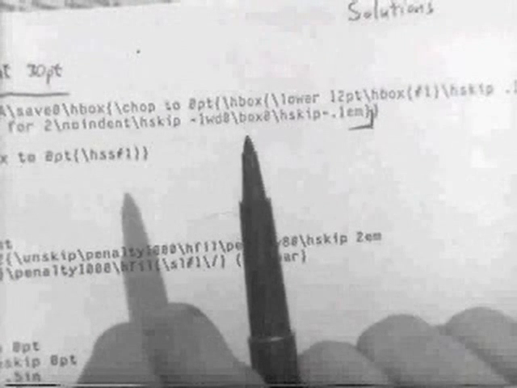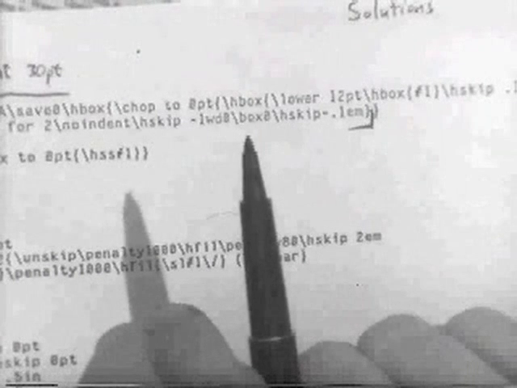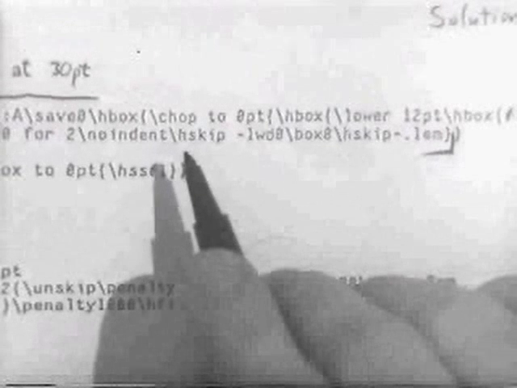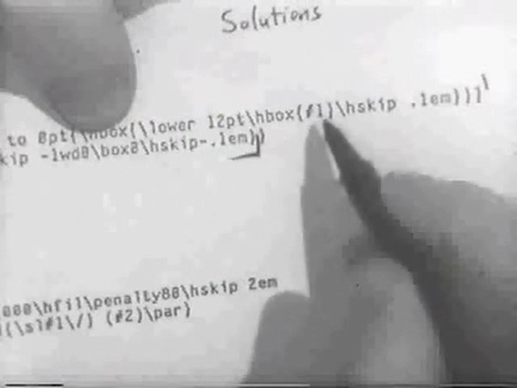And you probably, if you worked this exercise or tried to, noticed that if you didn't chop it. Okay, so I have to somehow get the letter in there, hanging 12 points below, but TeX not thinking that it's hanging 12 points below the line. But 12 points is what I'm assuming is the space between lines. So I make this box, lowered 12-point H box of the letter, number 1.